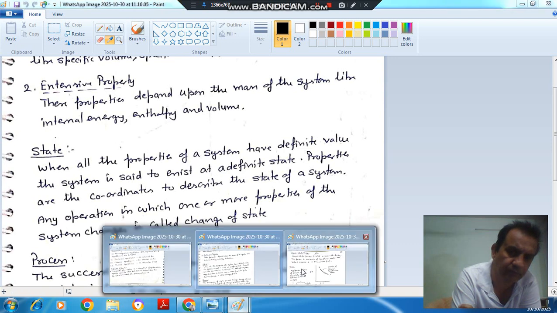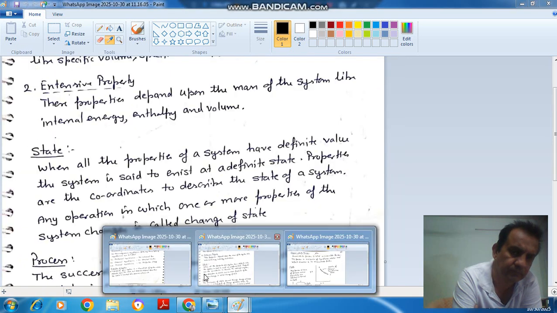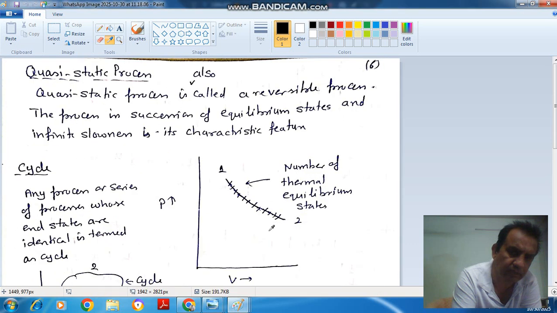So here the pressure is constant, volume is constant, temperature is constant, then it is one state. Properties are the coordinates to describe the state of the system. So here properties P and V are the properties which describe this state.